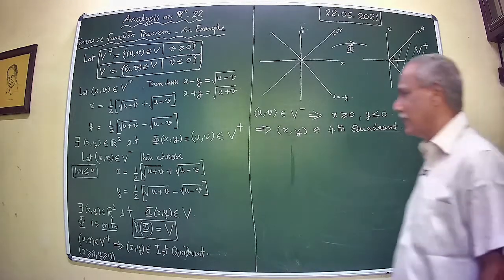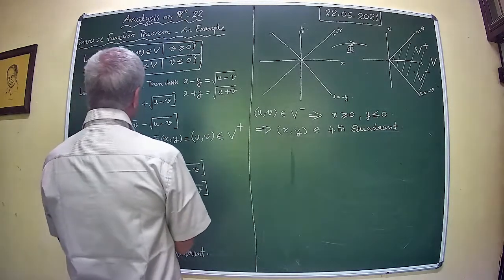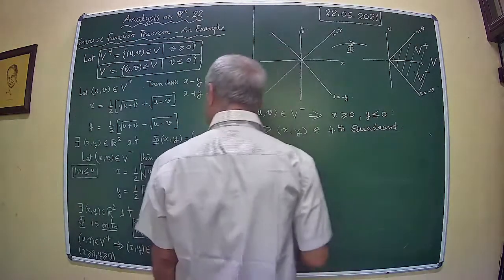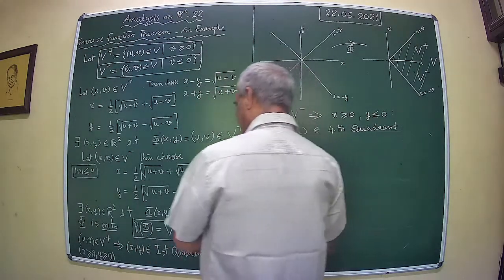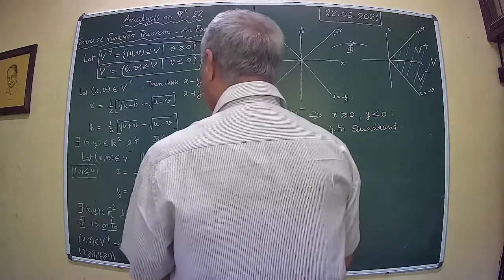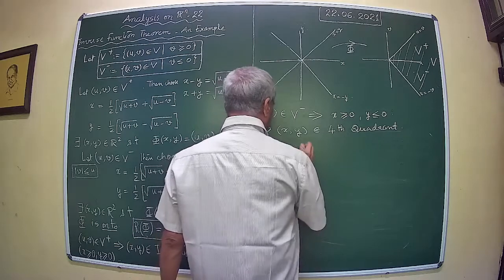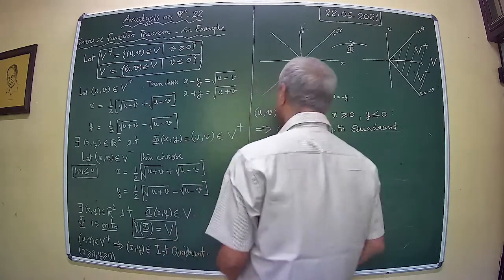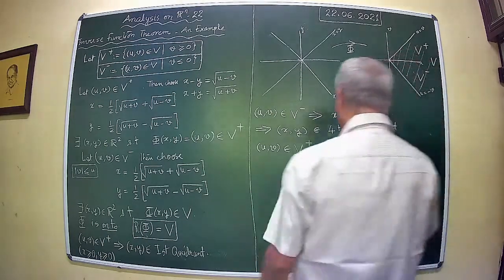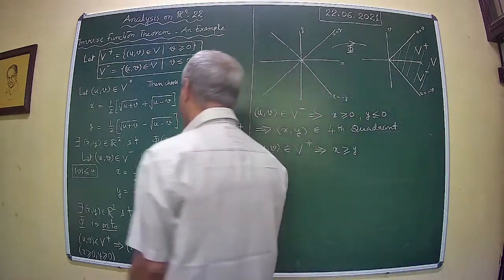Now you also observe one more thing. What about x here? X is certainly greater than or equal to y. So here, this definition, see that x is greater than or equal.